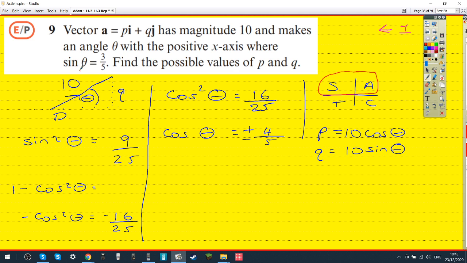Given that sine theta is 3 over 5 and cos theta is plus or minus 4 over 5. So P is 10 cos... Theta isn't plus or minus 4 over 5. Cos theta is plus or minus 4 over 5. Start with the sine theta one. So what is Q?